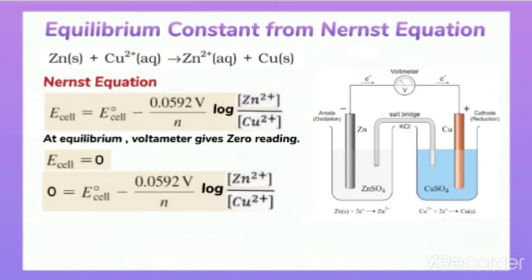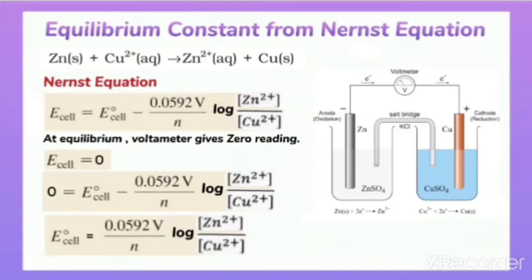Now we can rearrange this equation. We get E naught cell is equal to 0.059 by n log of concentration of zinc ion by copper ion.